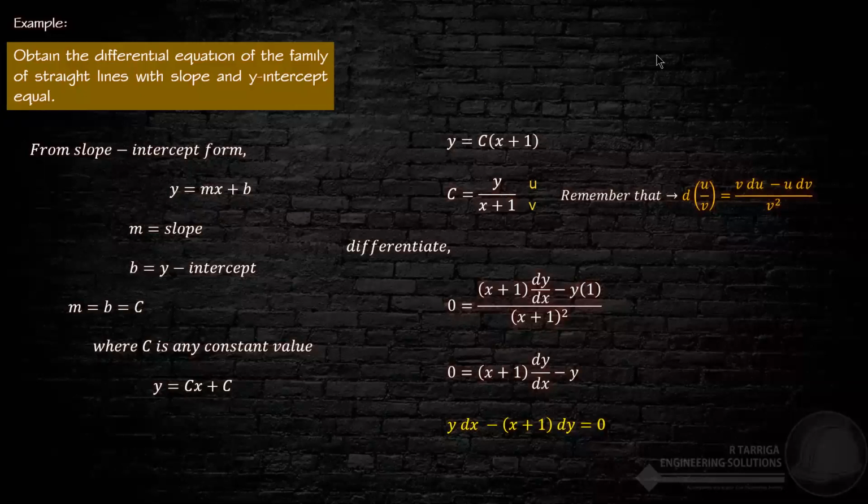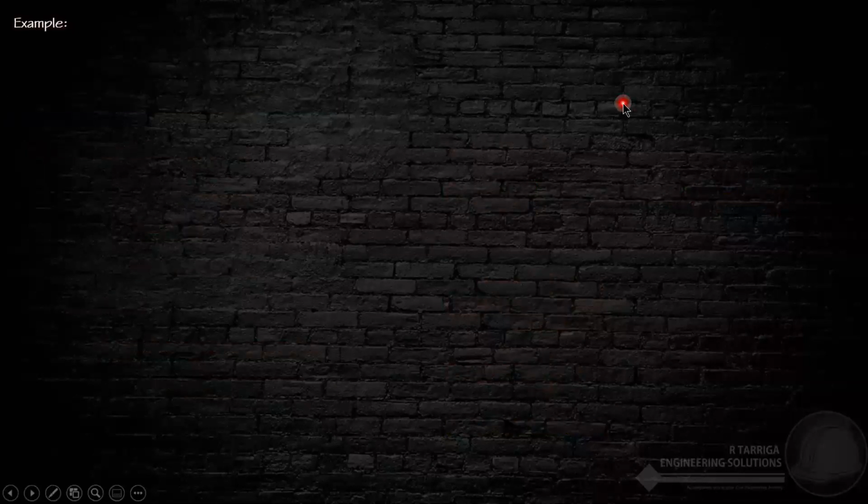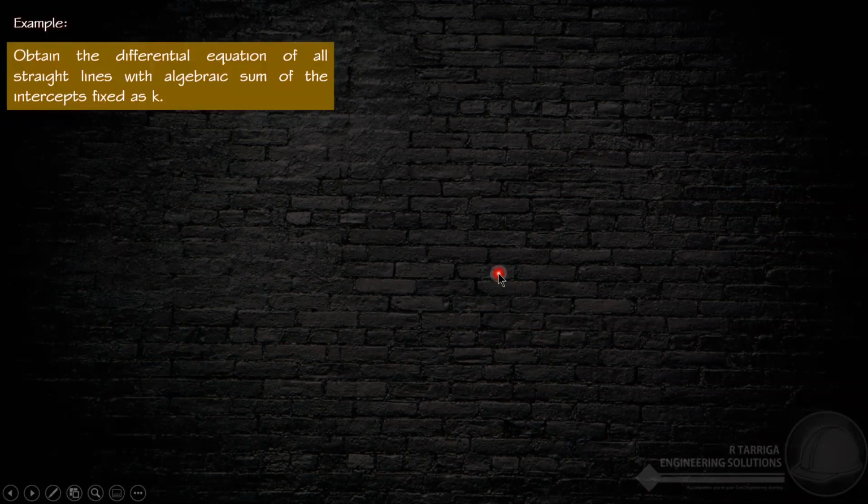Okay, so let's have another example. Obtain the differential equation of all straight lines with algebraic sum of the intercepts fixed as k. Okay, so how do you solve this one?